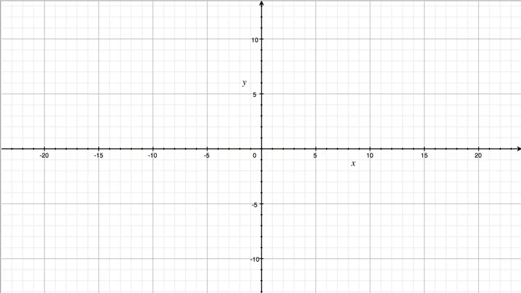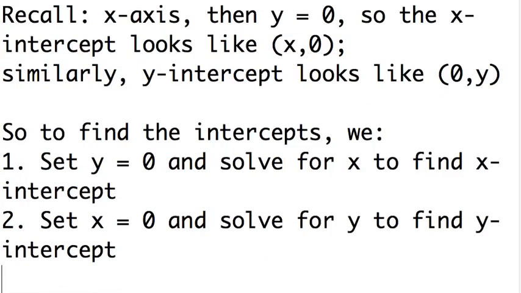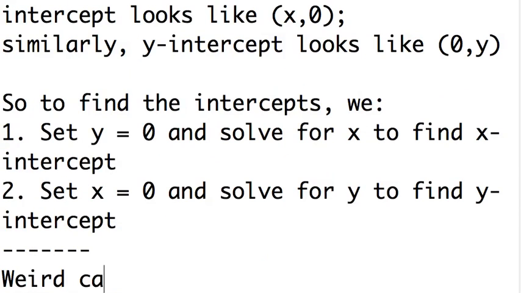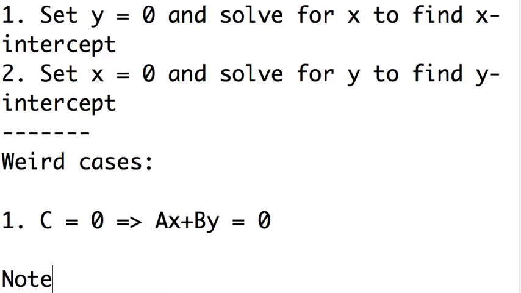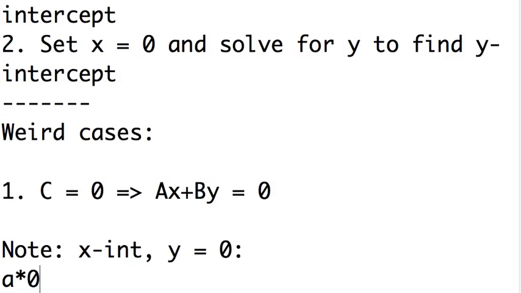Okay, finally I would like to talk about some weird cases. And there are 3 weird cases. Weird case number 1 is when c is equal to 0, so that means that we're left with ax plus by is equal to 0. Now I would like us to notice something here. When we're looking for the x-intercept, so y is equal to 0, this tells us that ax plus b times 0 is equal to 0.